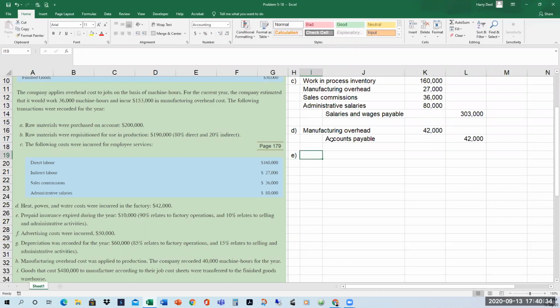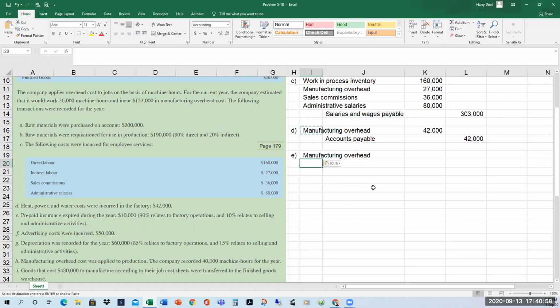And E, prepaid insurance expired during the year, $10,000. 90% relates to factory operations, 10% relates to selling and administrative activities. So the 90% of the prepaid insurance that relates to the factory operations, you want to debit manufacturing overhead.